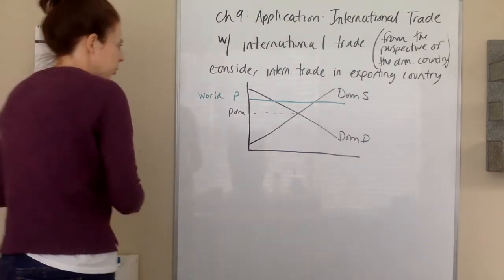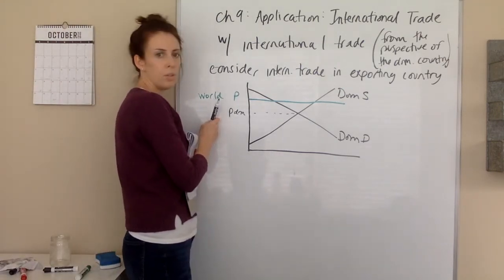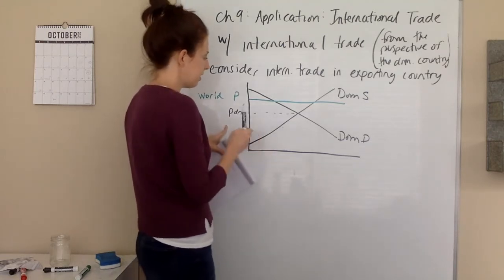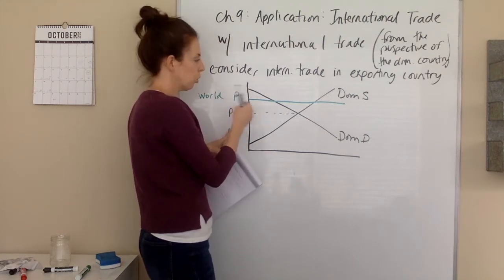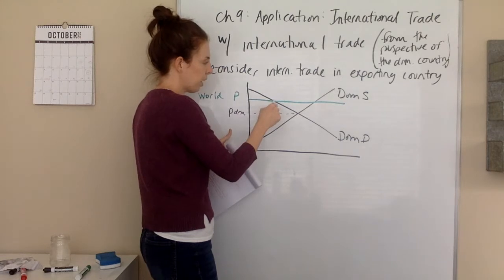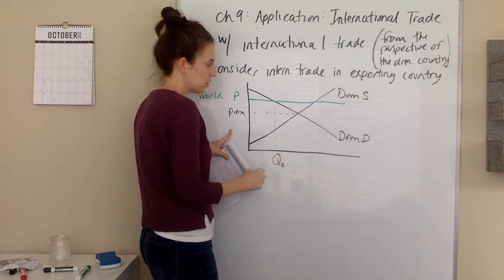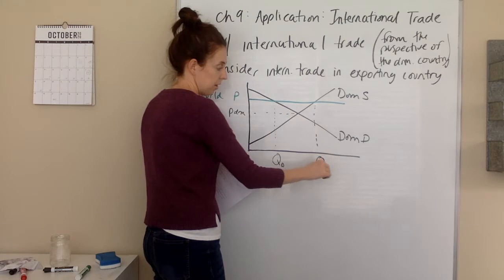Okay, now let's think about what would happen. If the world price is above the domestic price, then the home country is going to decide to export the good. Why would they decide to export? Because once they trade and assume the world price, the domestic demand is going to be less than the domestic supply.